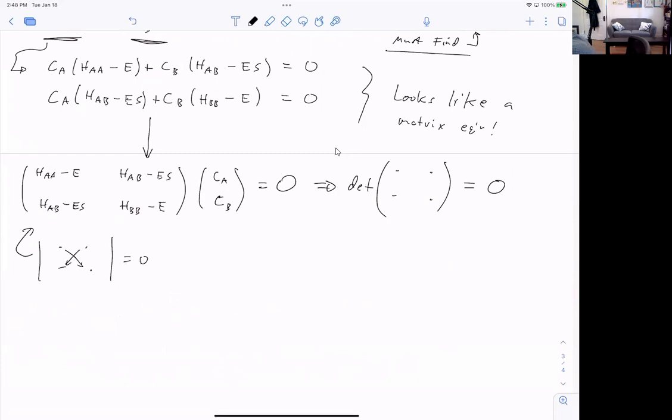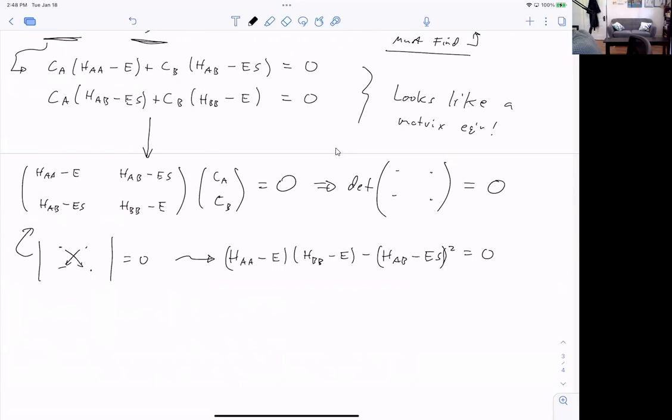And that leads to a single equation, which is H A A minus E times H B B minus E, minus H A B minus E S, squared, equals 0.